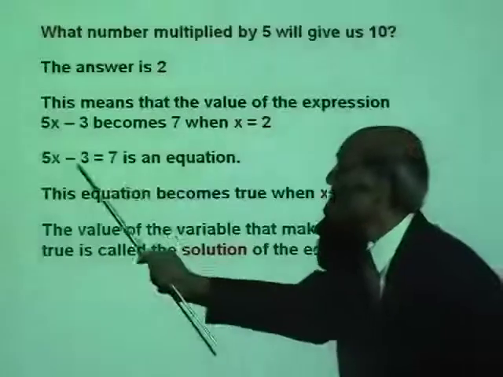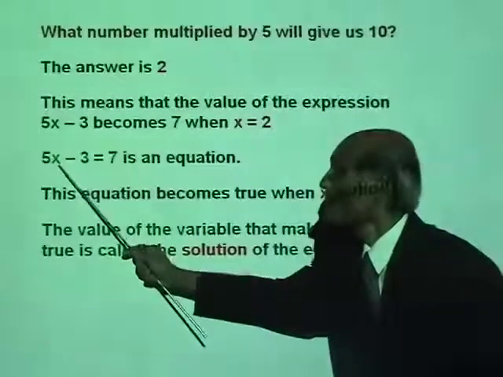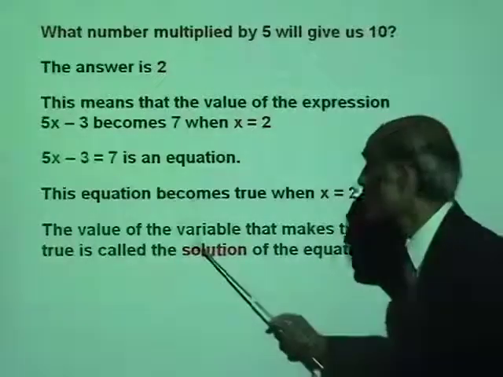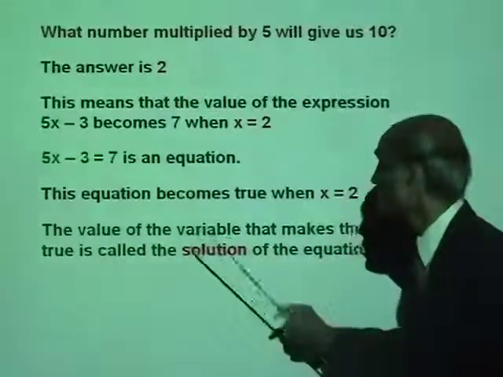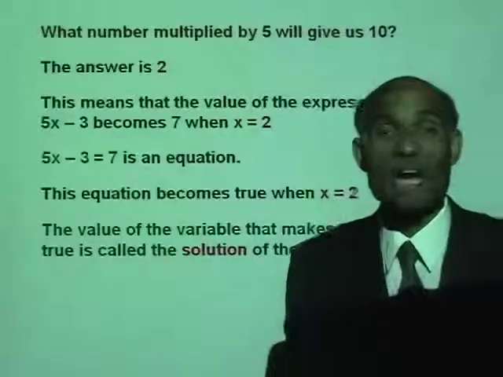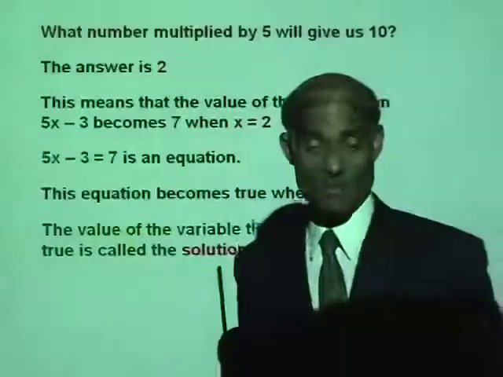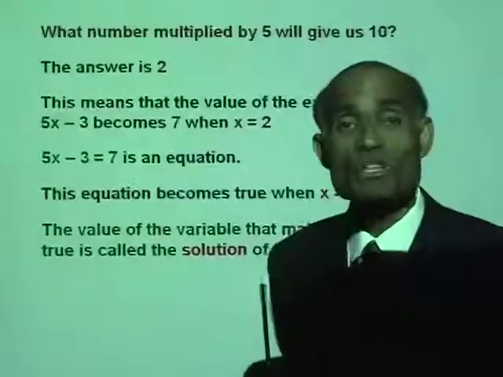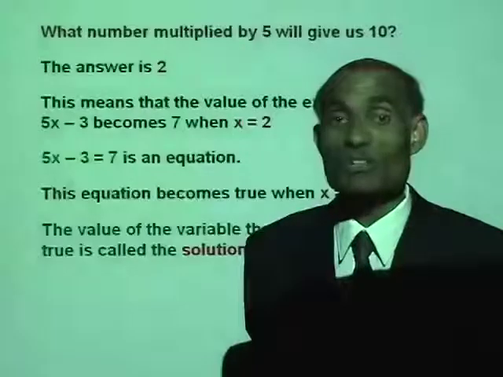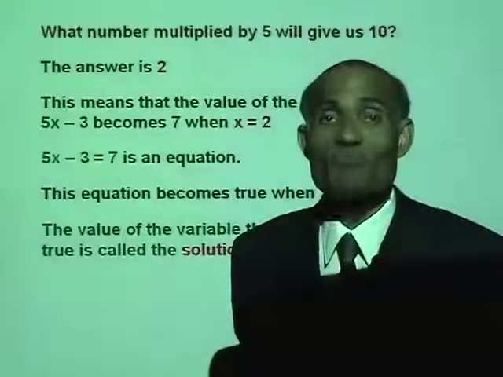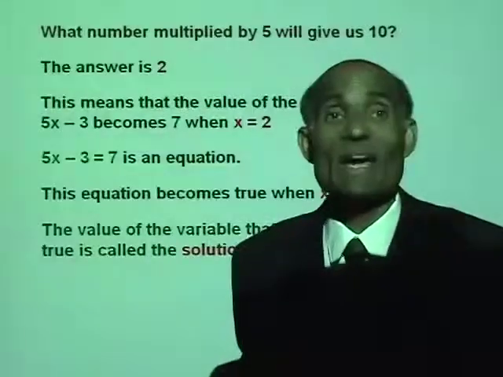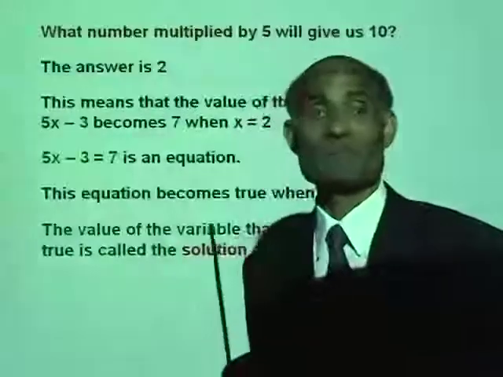And the value of x, which makes the equation a true statement, is called the solution of the equation. Every equation has a solution. What is the meaning of solution of an equation? Solution of an equation is the value of the variable that will make the equation a true statement.